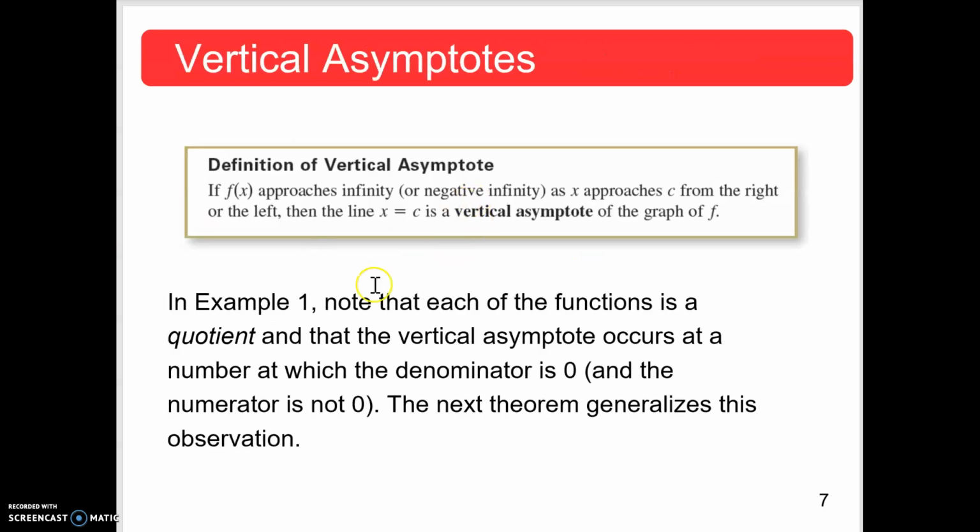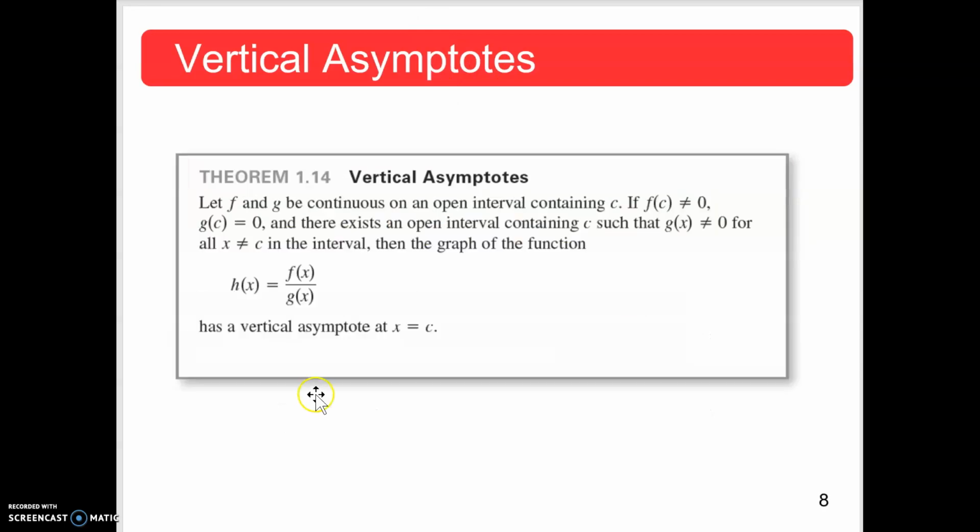Okay, so let me jump back. That's all this slide is saying here. Again, I've got to talk about this part in a second. That's the whole scenario. And again, this is just the vertical asymptote definition. Let f be continuous on the open interval. This is actually the old definition.